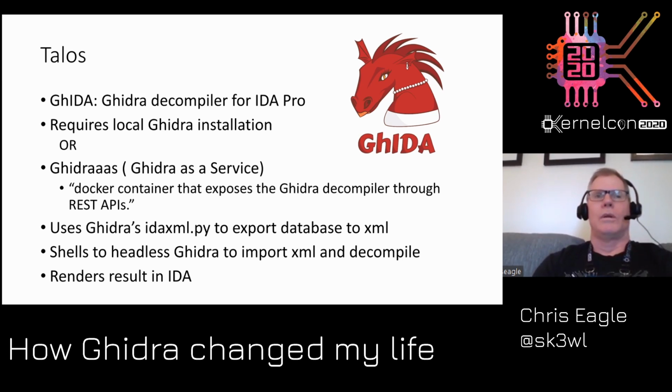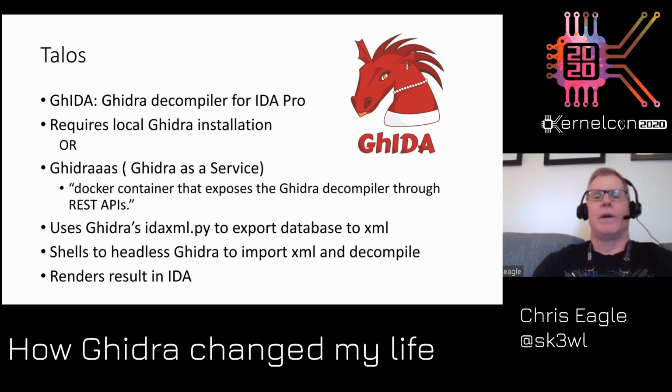So the idea is that any third-party utility could export to XML, and you could then import those into Ghidra and create projects from almost any source. But the IDA XML specifically facilitates migration from IDA into Ghidra.